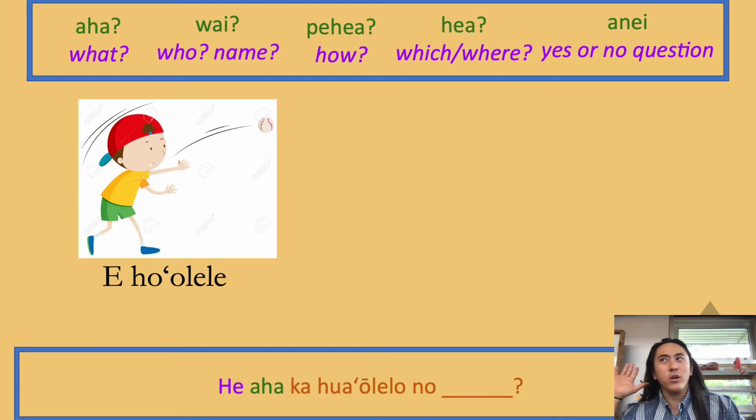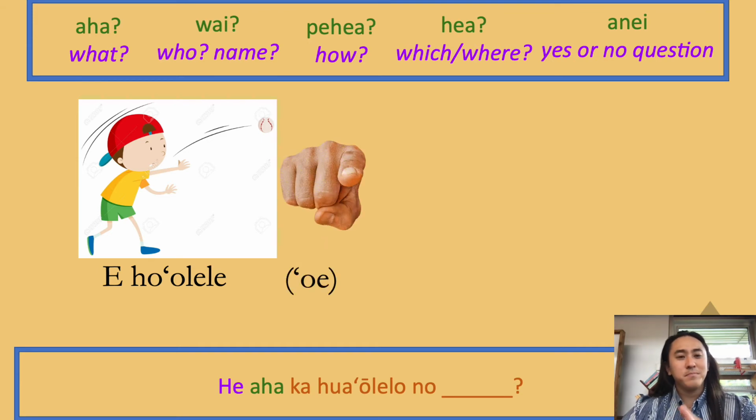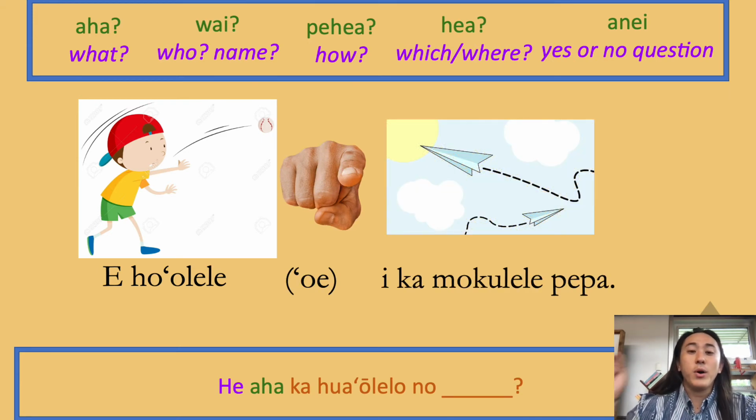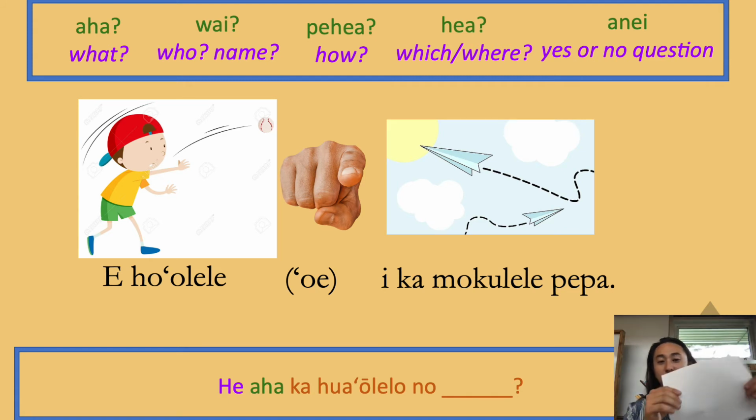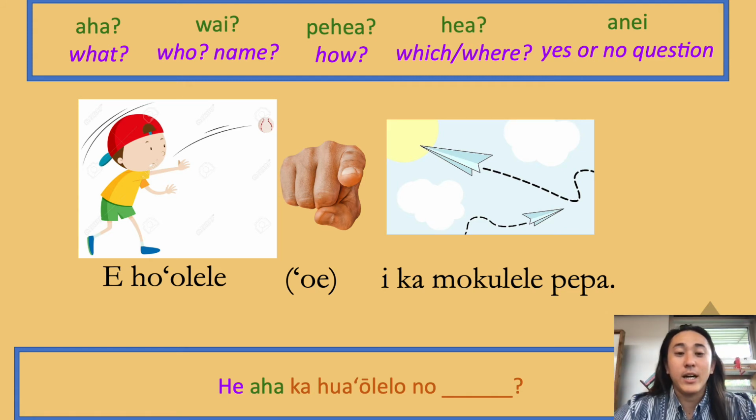Ho'olohe, to make heard, to listen. Lohe, to hear. Ho'olohe, actively listening. Maika'i. So e ho'olele i ka mokulele pepa. Mokulele pepa. Paper airplane. So e ho'olele i ka mokulele pepa. Maika'i.